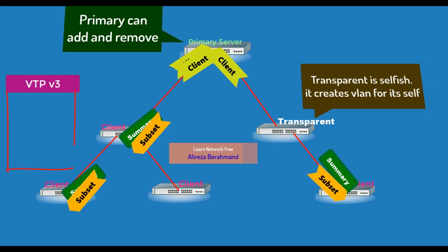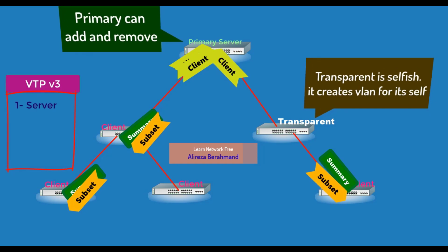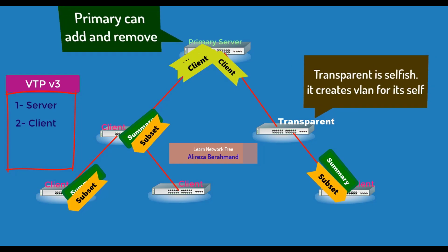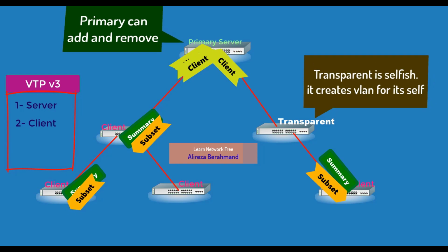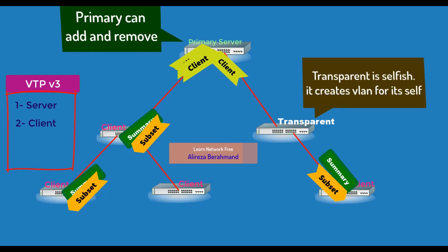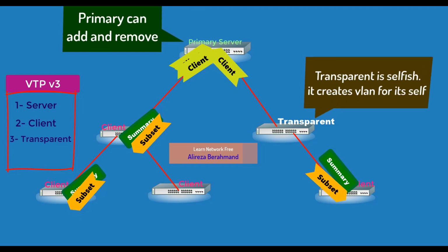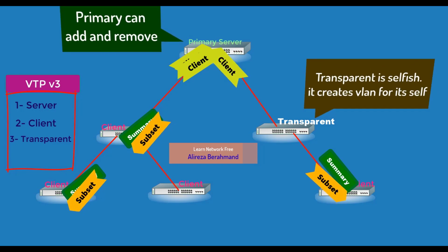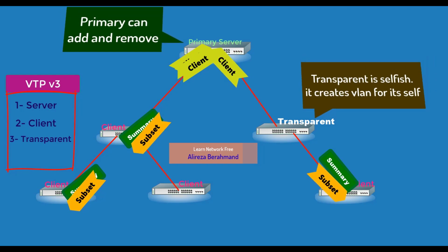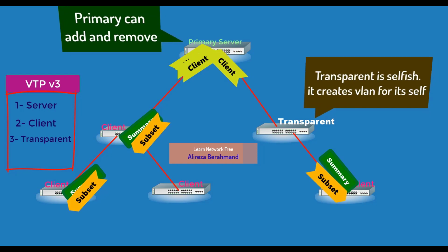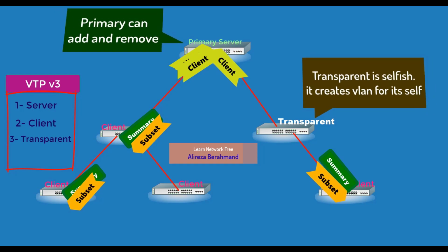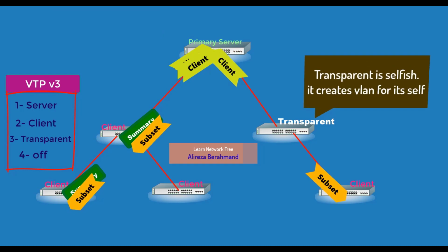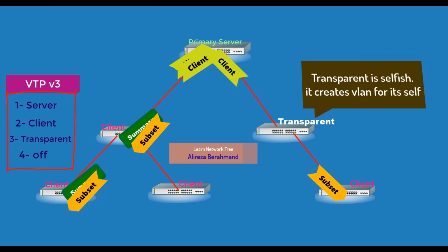VTP v3 has 4 modes, including mode server, which is backup for primary, mode client, which can advertise the information from the upper switch to the downstream switches, and transparent, which can create VLAN for itself and cannot advertise, and it can't receive configuration from any device. The last mode is off, which is VTP disabled, and also cuts the VTP advertisements off to its downstream switches.